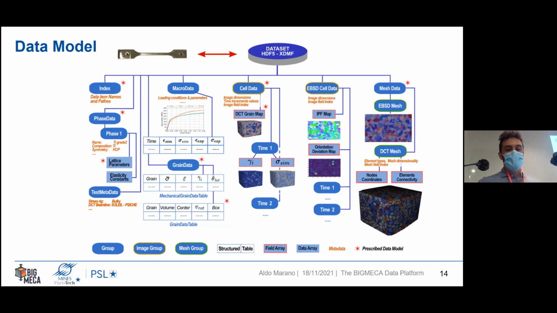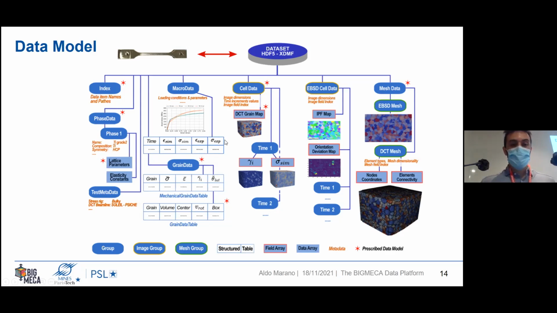It's very useful to store statistics. We can also store fields that are data arrays, but with special organizations that meet the conventions of our image and mesh groups, so we have image and mesh fields. And we can also store simple data arrays and metadata, which you can see in orange.